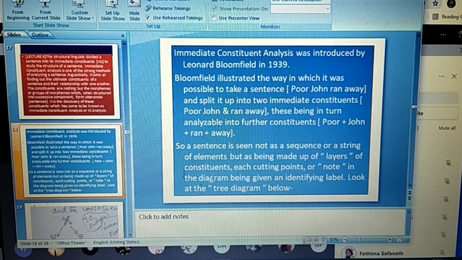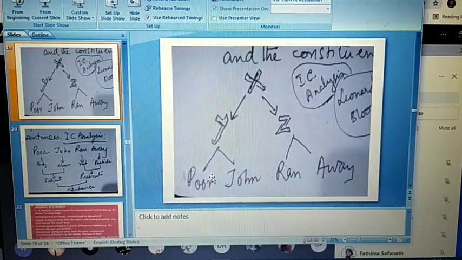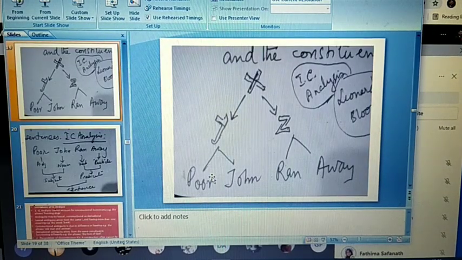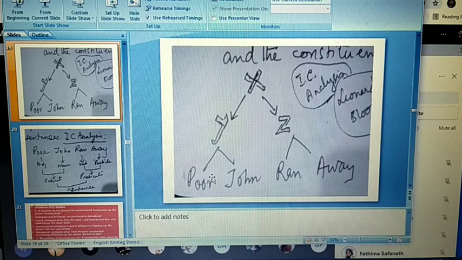each cutting point or knot in the diagram being given an identifiable label. Look at the tree diagram below. We have a diagram here. So you have one model. I told you last day. X is a sentence, and sentence is the first layer. Second layer is Y and Z, that is subject and predicate.